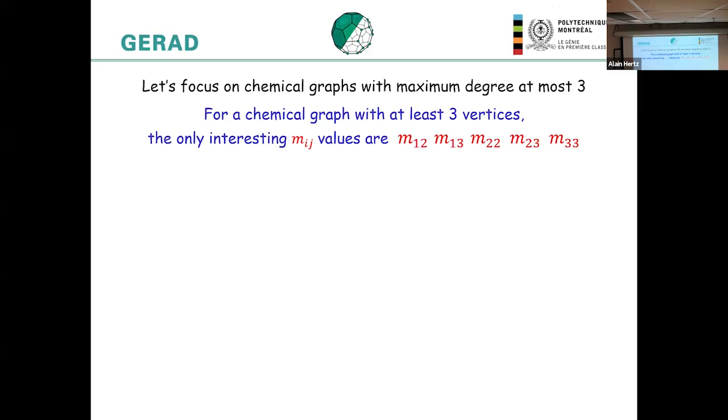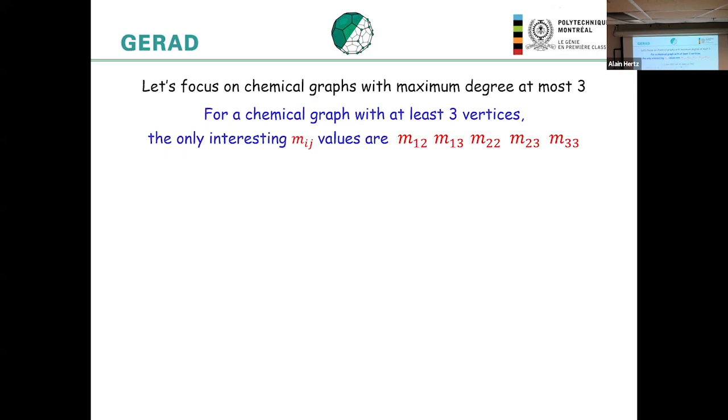Since my graph is connected, I have only 2 vertices, so I'm not interested. So I suppose my graph has at least 3 vertices, and so M11 is always 0. So I have only 5 variables. These are my 5 variables, okay?